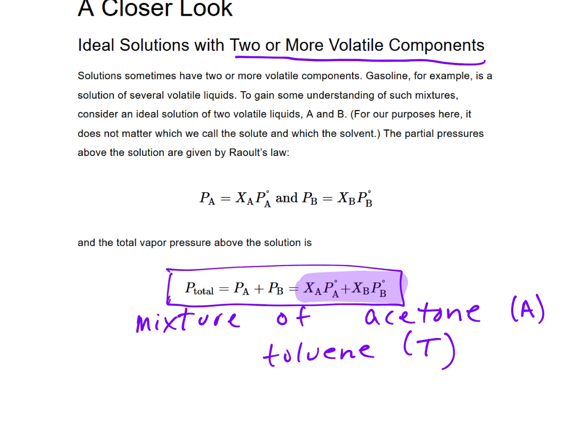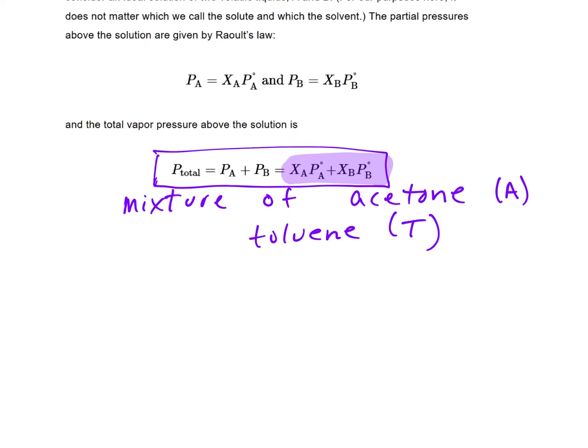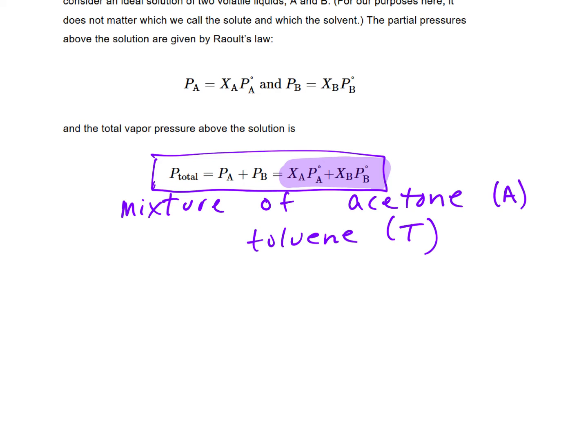Mole fraction of component A times the vapor pressure of pure component A plus the mole fraction of component B times the vapor pressure of pure B. Okay. We don't need to worry about this A and T. I'm going to skip that.